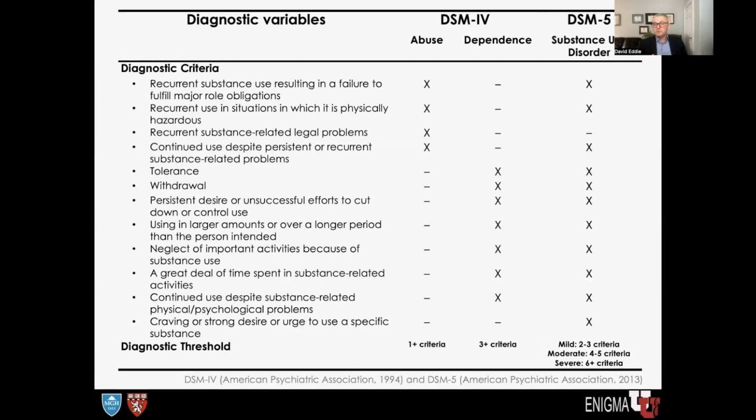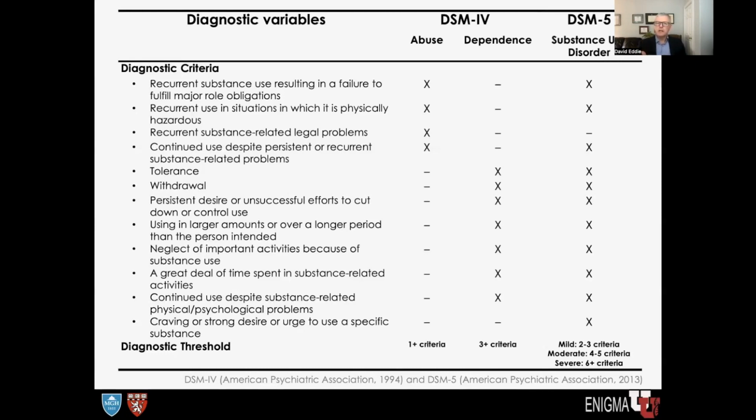Now, there were some problems with this diagnostic framework, and that's why we changed in DSM-5. First up, we don't really talk about people as abusing substances anymore because it's really, really stigmatizing, and I'm going to talk about that shortly. So that's one of the reasons.